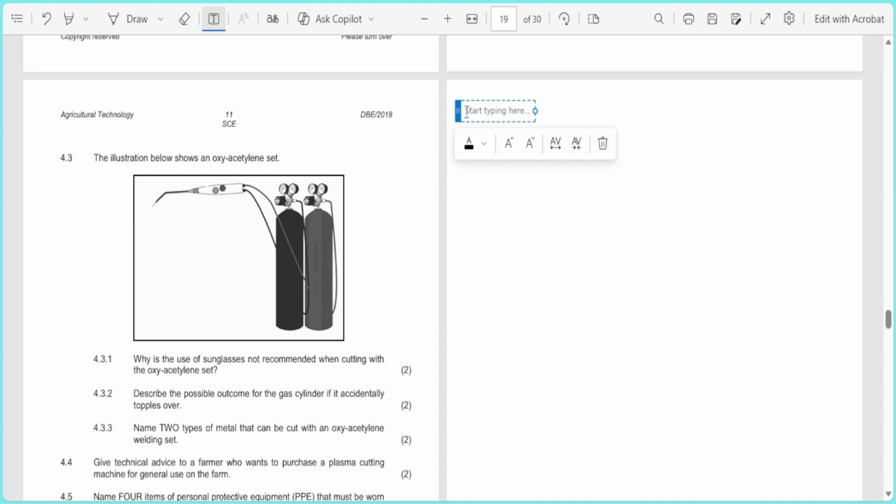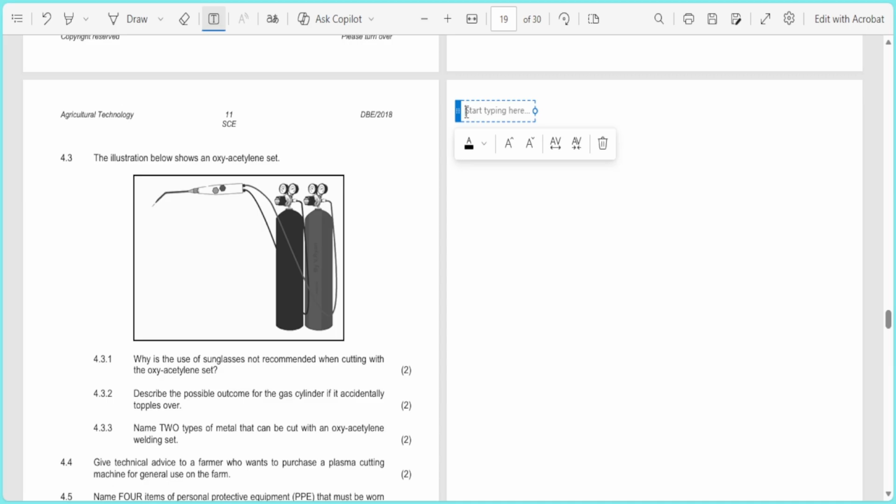What they are asking us here is a very important safety point. Sunglasses might darken the visible light, but in oxyacetylene cutting procedures, intense ultraviolet radiation can cause arc eye. It's a painful condition, like sunburn in your eyeballs. Proper welding goggles have specifically coated lenses that block these harmful rays.